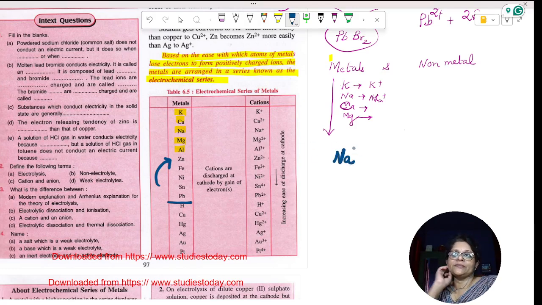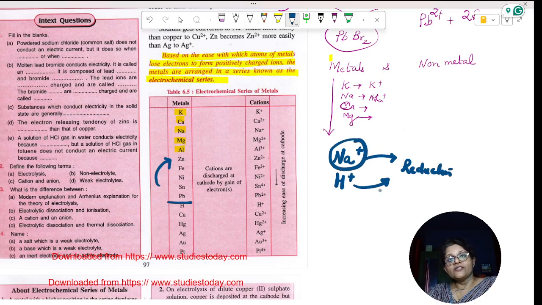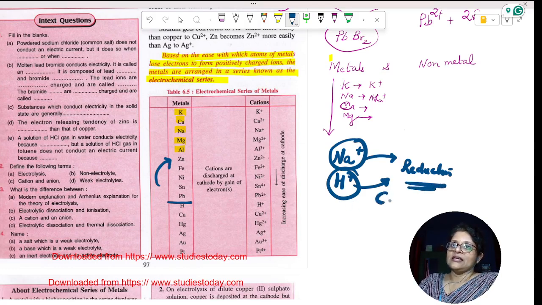Gaining of electrons happens at the cathode. When H positive and Na positive move to the cathode for reduction, instead of Na positive getting reduced, H plus will easily get reduced at the cathode, because Na positive has more tendency to lose electrons than H positive.